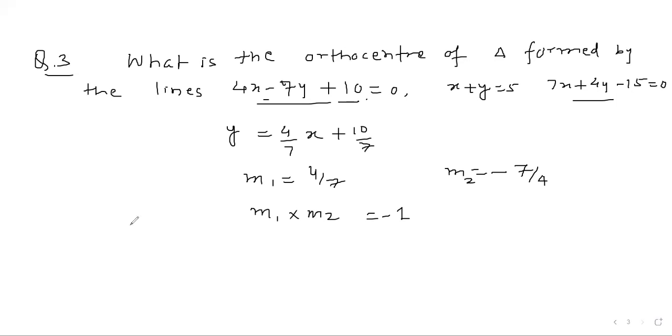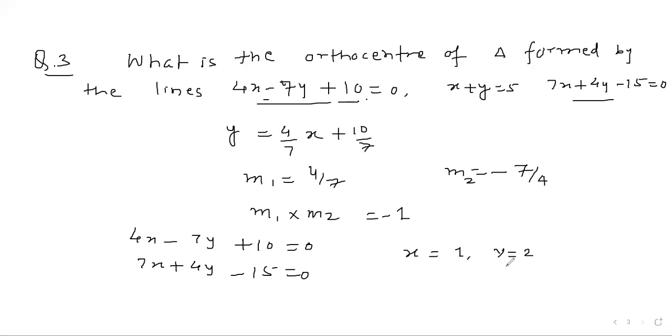We can solve these two lines, 4x minus 7y plus 10 equal to 0 and 7x plus 4y minus 15 equal to 0, by either the elimination or substitution method, and we will get x equal to 1 and y equal to 2. So that will be the orthocenter.